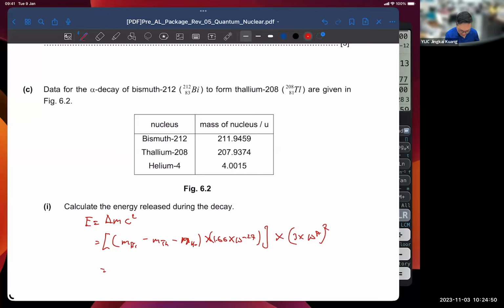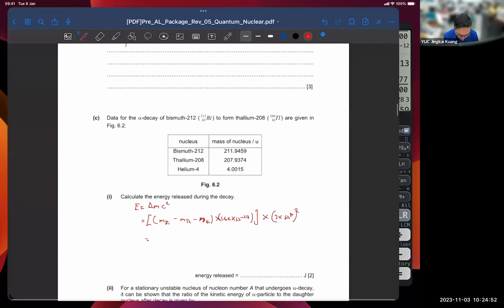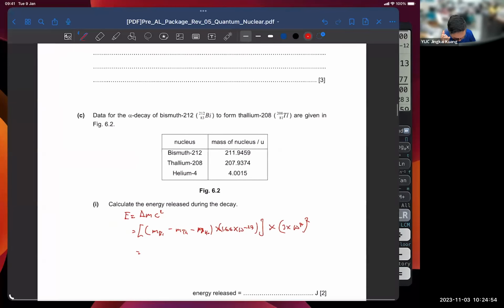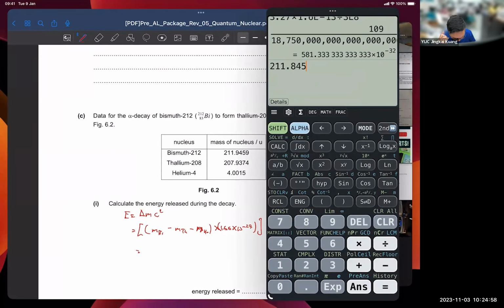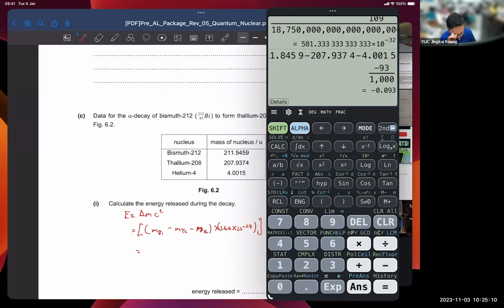Let's work it out: 211.9459 minus 207.9374 minus 4.0015. Key in all the decimal places, don't round off. For nuclear, don't round.